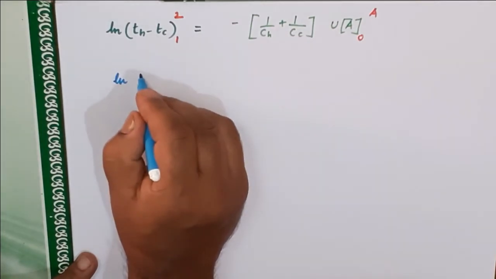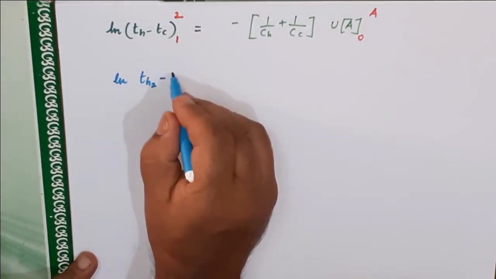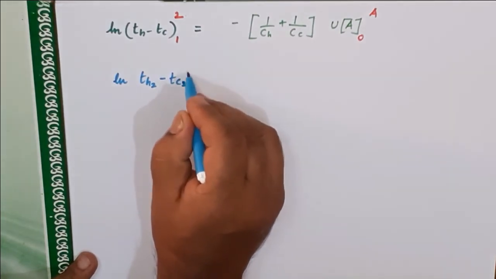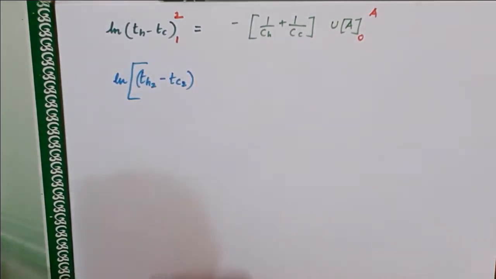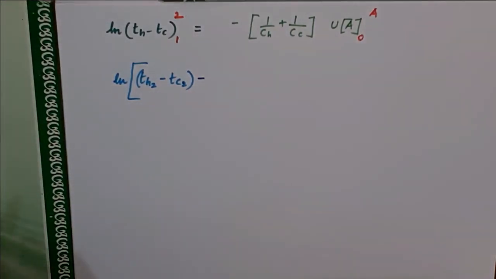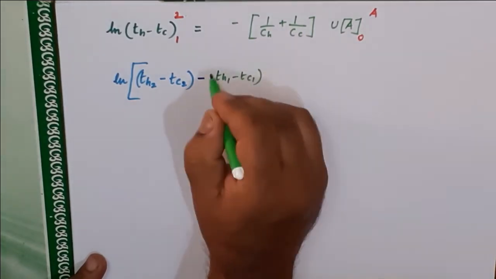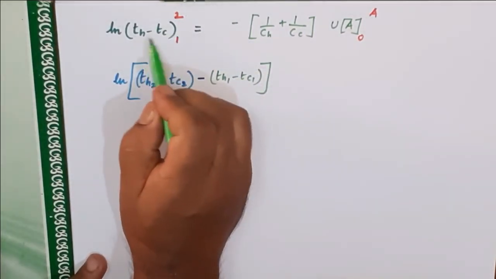First apply the upper limit: TH2 minus TC2. Minus, what is the lower limit? TH1 minus TC1.